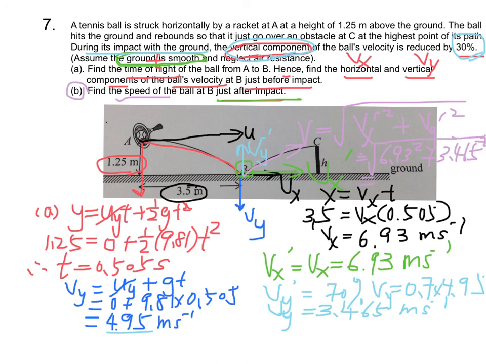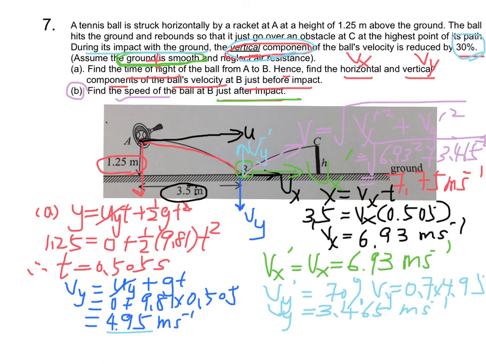Therefore, V, the speed of the ball at B just after impact, is equal to 7.75 meter per second.